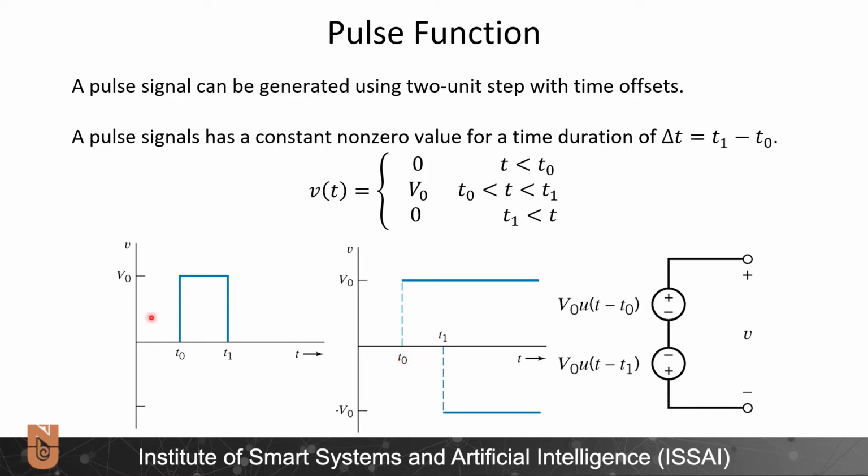So in order to create this pulse signal, I use two unit step functions, v0 times u(t minus t0), and with another sign, here you see the minus sign of the signal generator, v0 times u(t minus t1). This way we can generate the pulse functions.